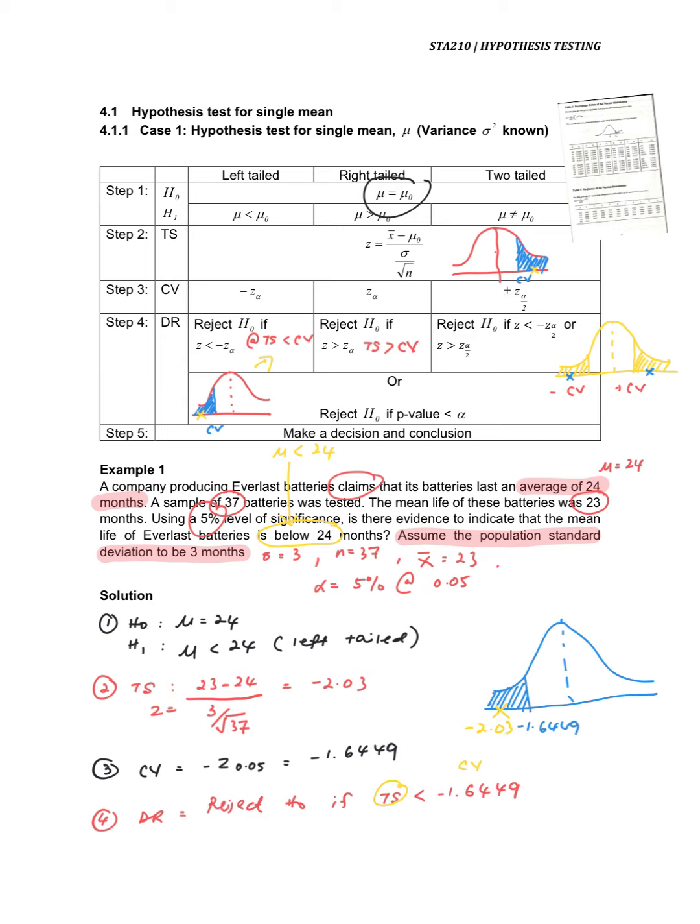Okay, so this, yang saya lorikkan ni kita panggil sebagai rejection region. If your test statistic value falls in this rejection region, meaning that we will reject the null hypothesis. Okay, so it was clear here. Our test statistic is less than critical value, or our test statistic falls in the rejection region, meaning that our decision is, our step number 5 is we make a decision.